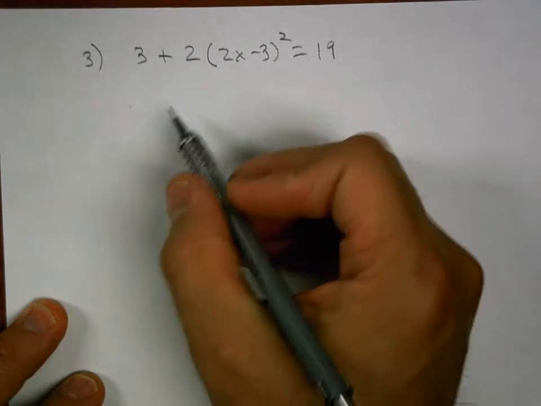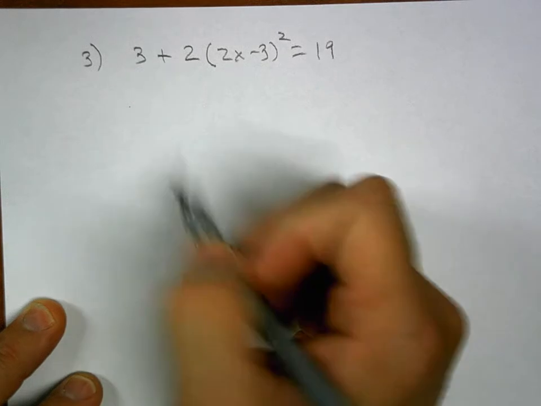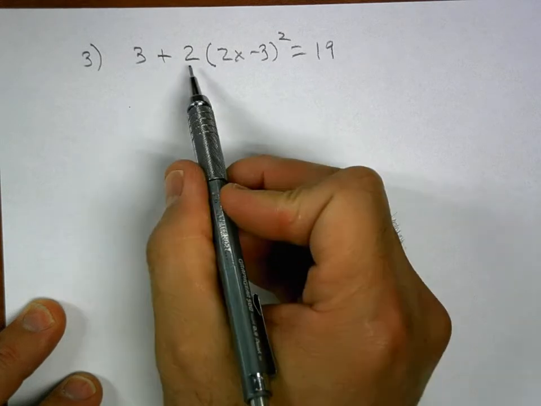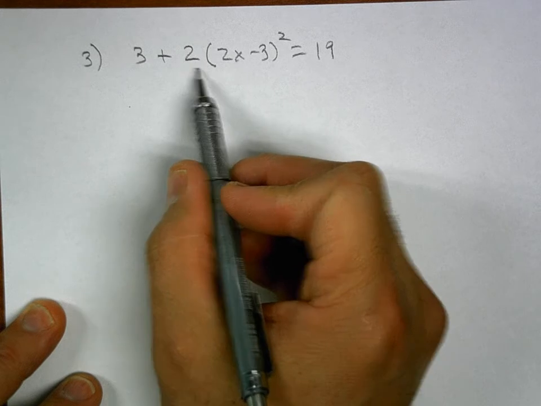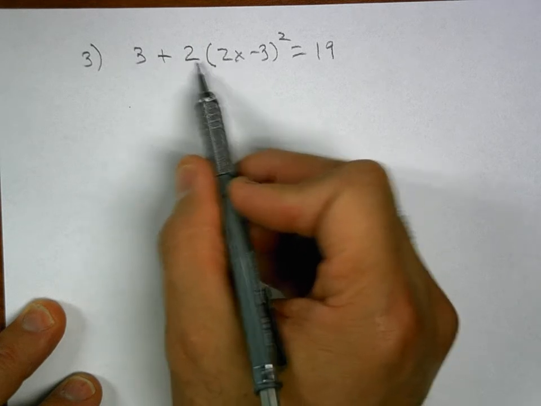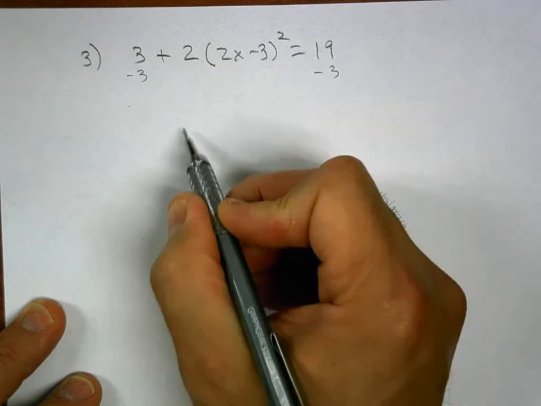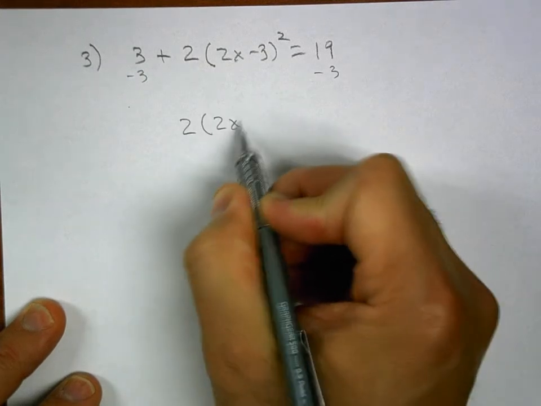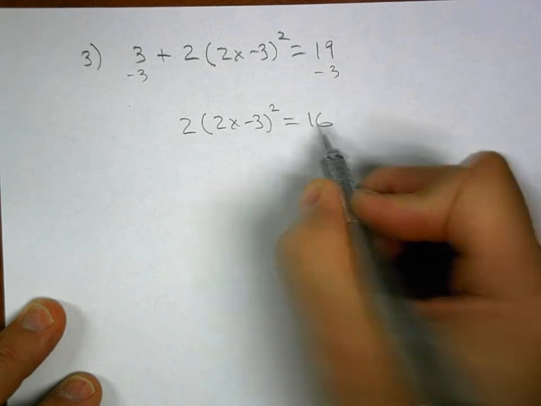Okay, so what do we do first? Can we add 3 plus 2? No, we can't. Why not? Because it's multiplied. Yes. So minus 3, minus 3. 2 times 2x minus 3 squared is equal to 16.